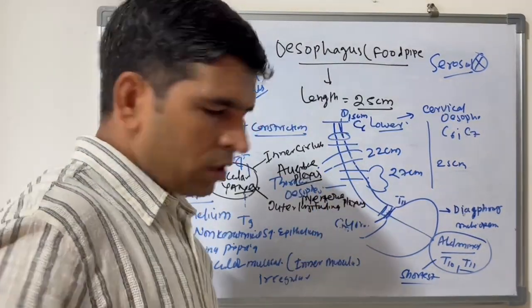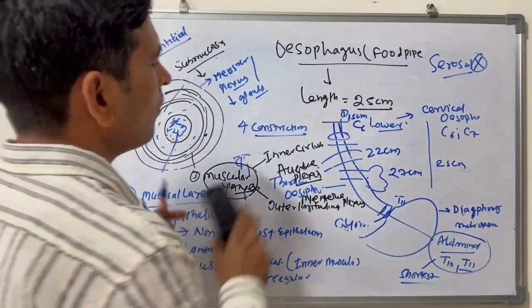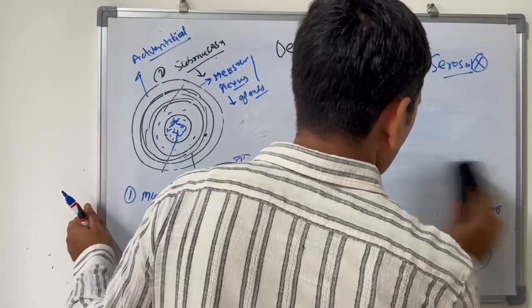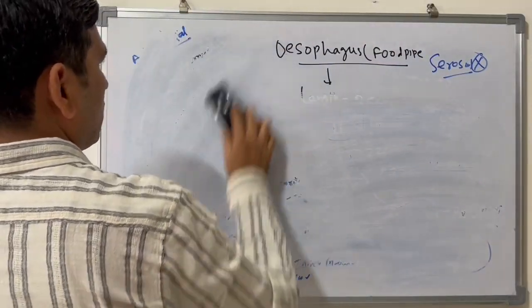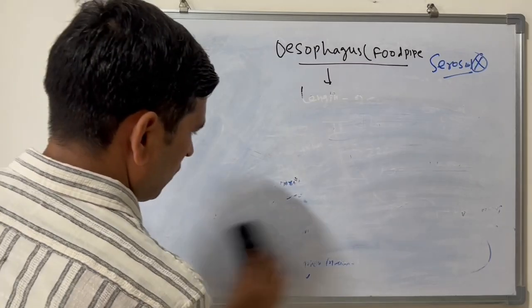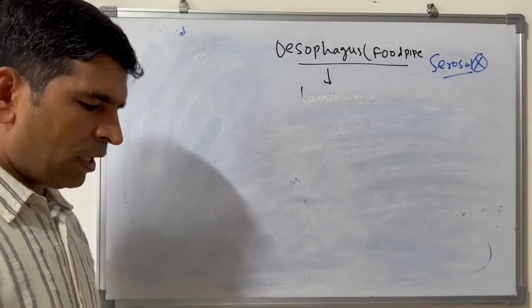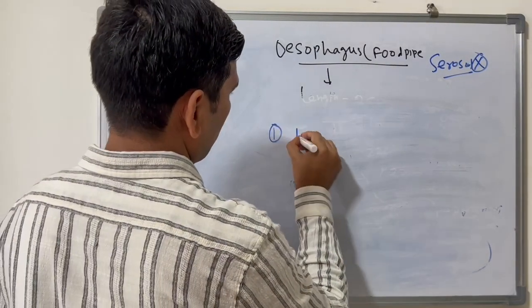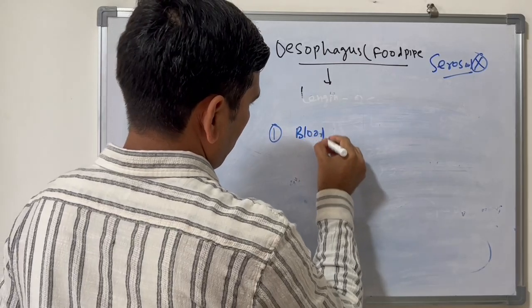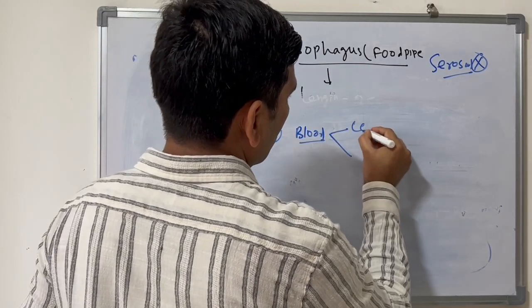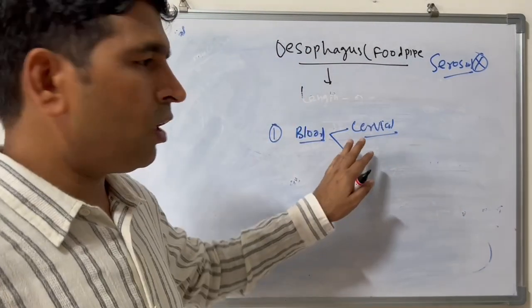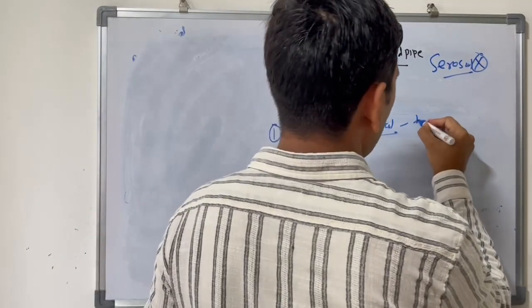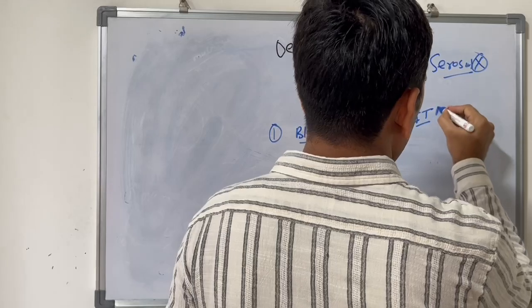Now the blood supply of the esophagus. The cervical esophagus is supplied by branches of the inferior thyroid artery.